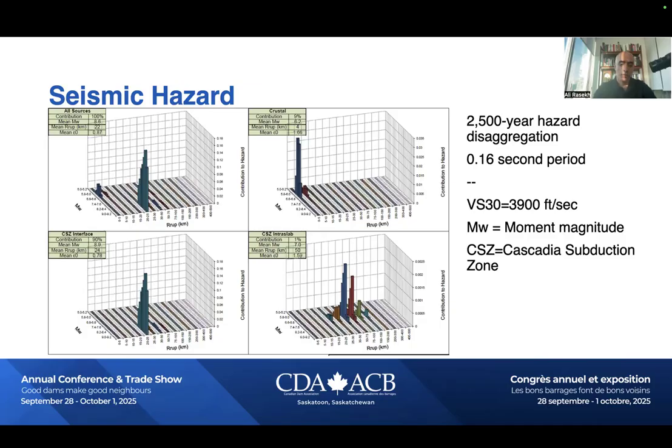The whole point of this is that, as shown in the bottom left, the Cascadia subduction zone interface is the most important with 90% contribution. And the rupture is at about 24 kilometers, which is very, very close. That's why it's dominant.